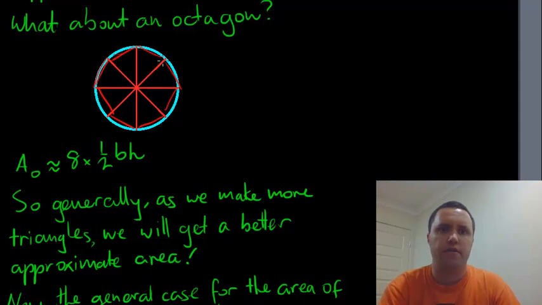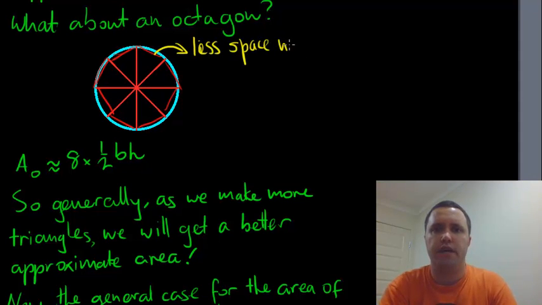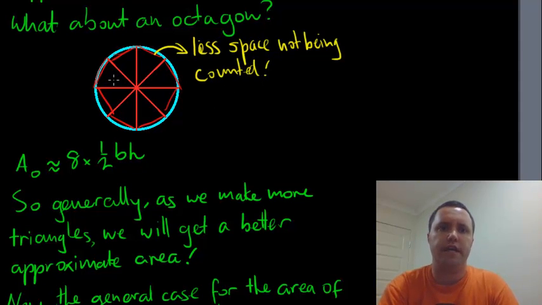We have less space that's not being counted, so we're going to get a better approximate area. The area of our circle is approximately equal to, that's what this symbol means, 8 times half the base times the height.